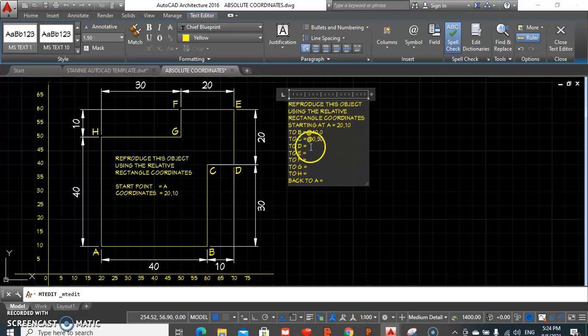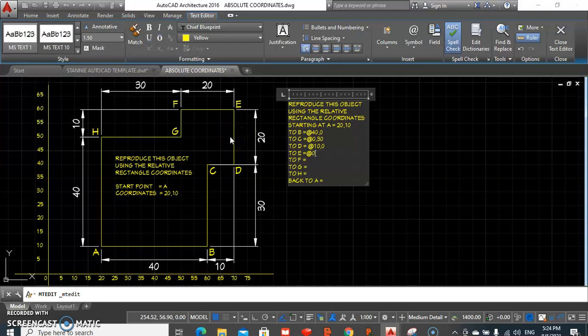To get from C to D, let's go @, we have an x value, which is 10. But our line did not deviate upwards or downwards. So there is no y movement. Let's go 0. To get to E, let's go @. Notice to get from D to E, it was a vertical movement.